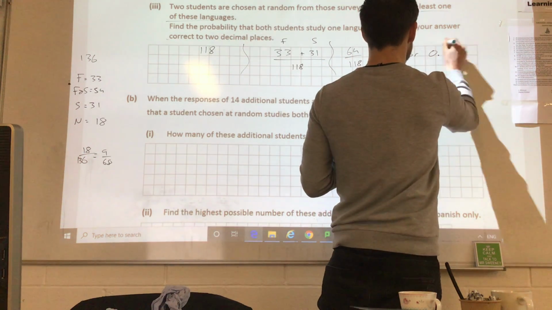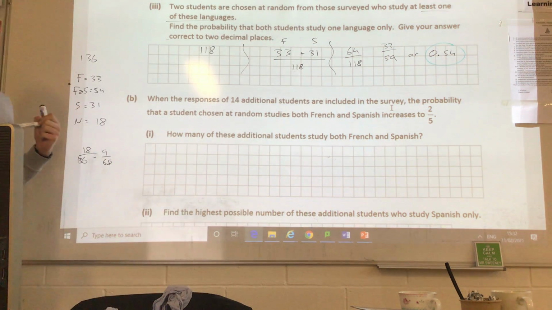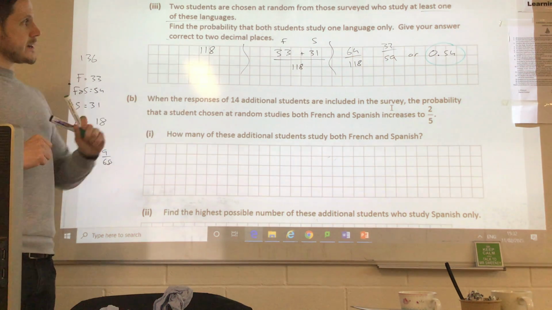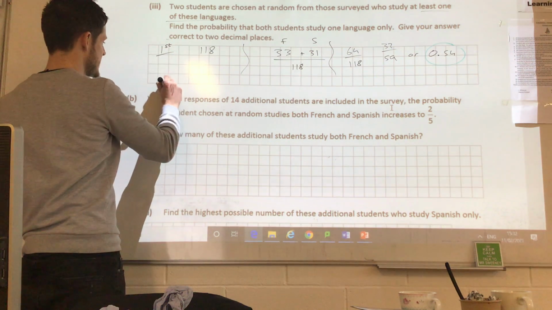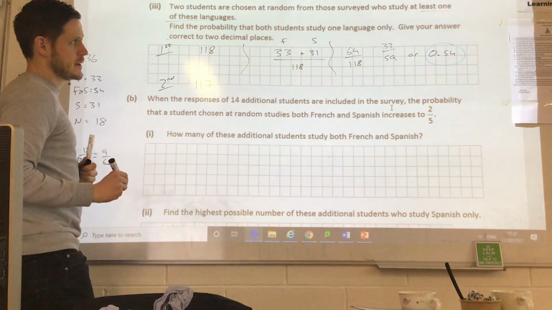The tendency here is just to double this. That doesn't make sense, so we can't just double it. We've taken one student out of the pot. So instead of there being 118 students now, for the second student, it's only 117 options. One has been taken out of the pot.